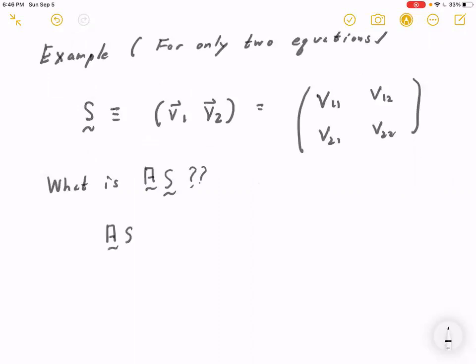As I said before, I know how to do this. This is just A acting on V sub 1, and A acting on V sub 2. So I get a new matrix where these two columns, C sub 1 and C sub 2, are defined accordingly.